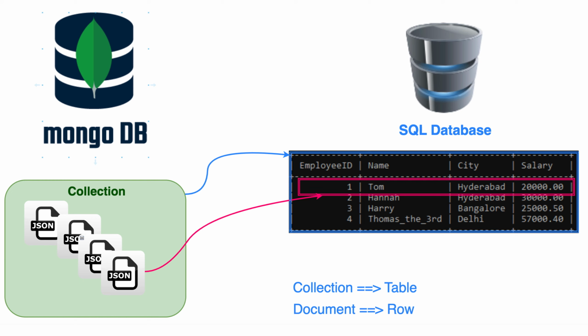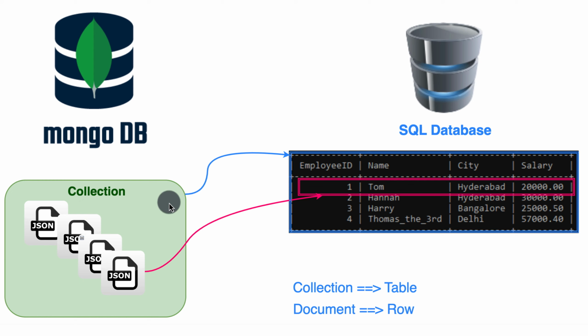We first need to understand the difference between MongoDB, or NoSQL structure, and SQL databases. In MongoDB, a collection is a container for a group of documents, which is similar to a table in an SQL database, with some important differences.